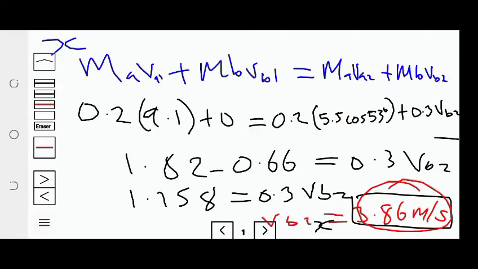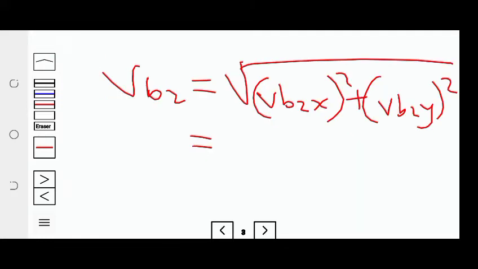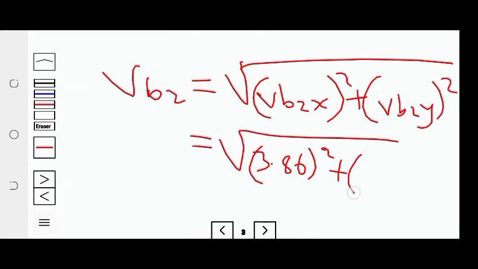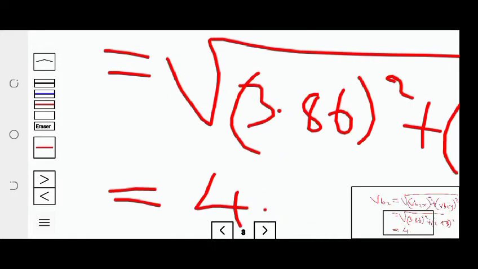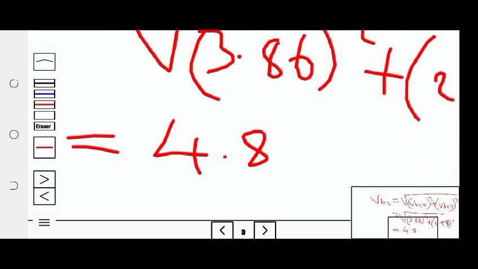Which just means that 3.86 squared plus 2.93 squared, then the square root of the answer, 4.85 meters per second. Okay, so that's our final answer.